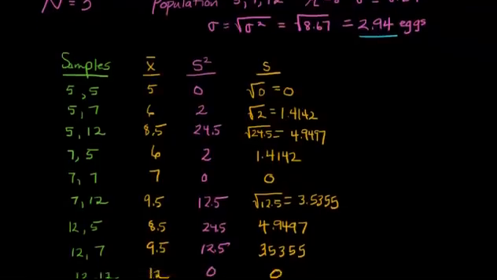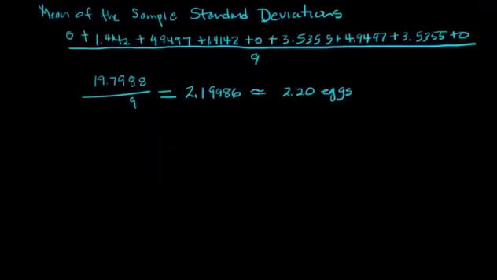Okay, well, let's see what happens if we do the probability distribution for the standard deviation. So recall we list all the possible standard deviations. We had 0, we had 1.4142, we had 3.5355, and we had 4.9497.